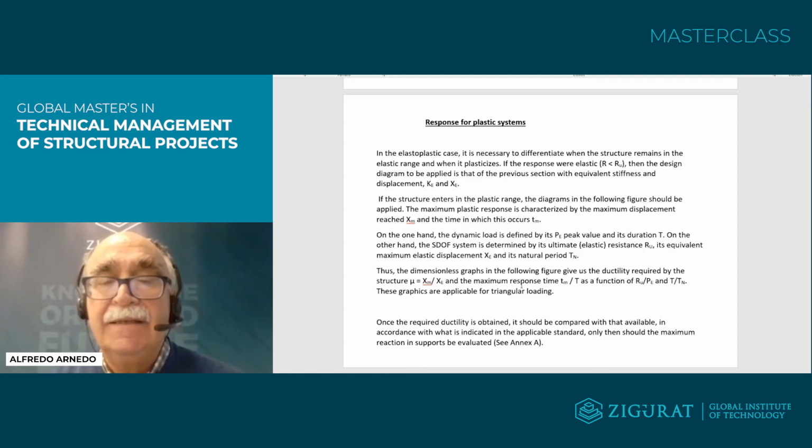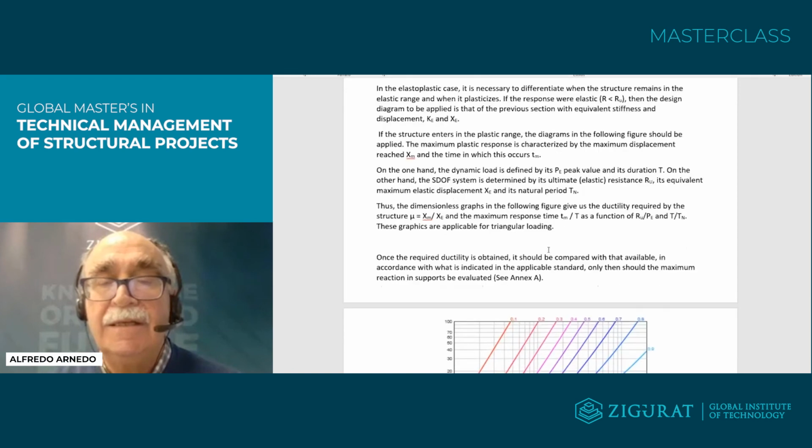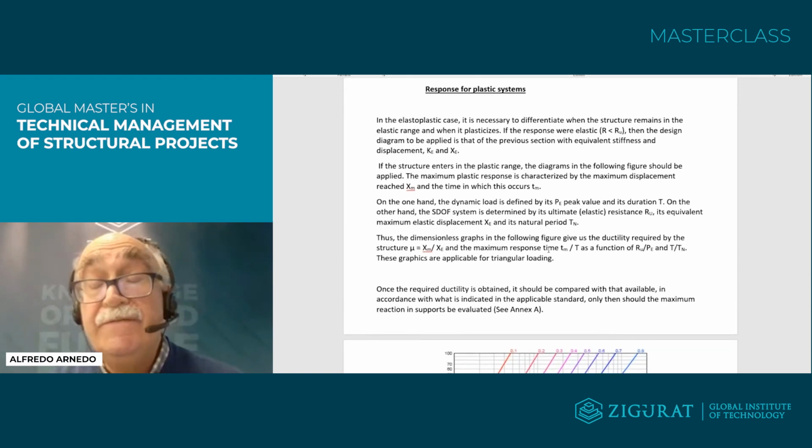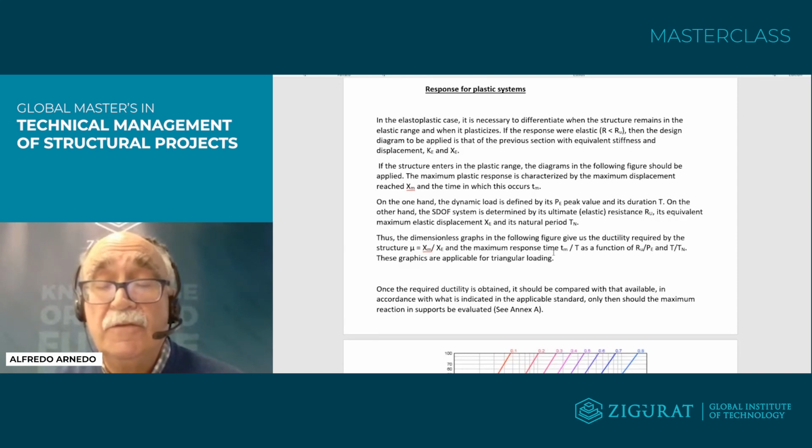But structures that are designed just to resist this sort of actions have ductility. Ductility, in an explosion, or even in an impact, or the same concept for seismic forces, is the relationship, I insist, between the maximum displacement and the elastic displacement.